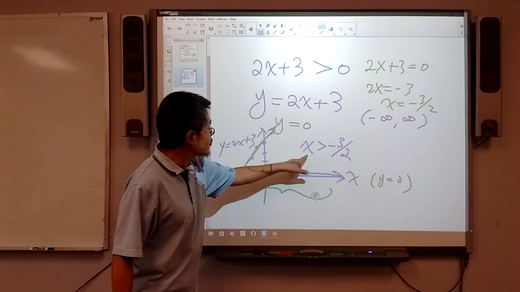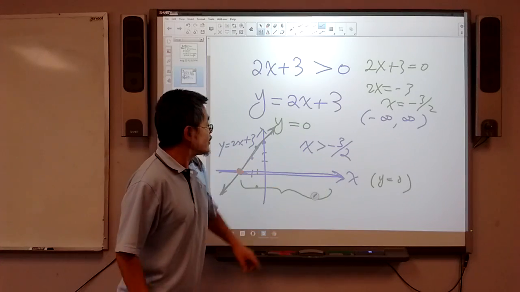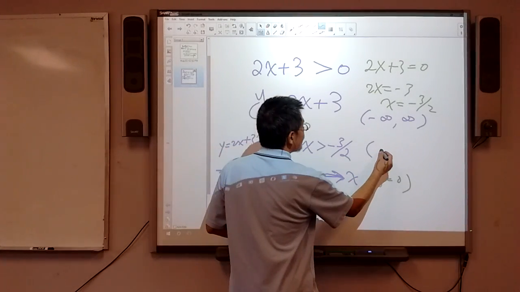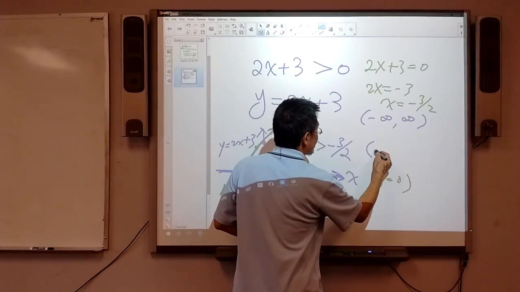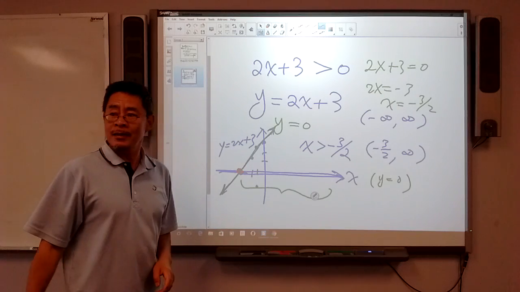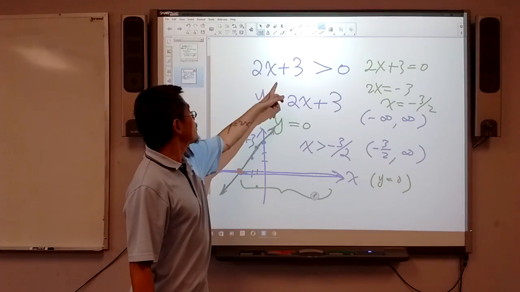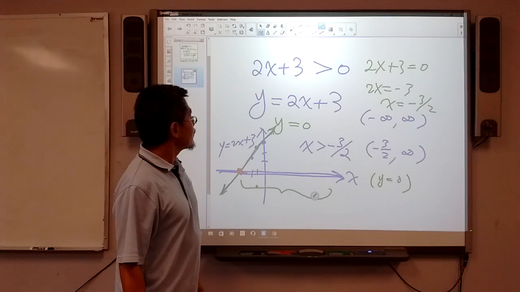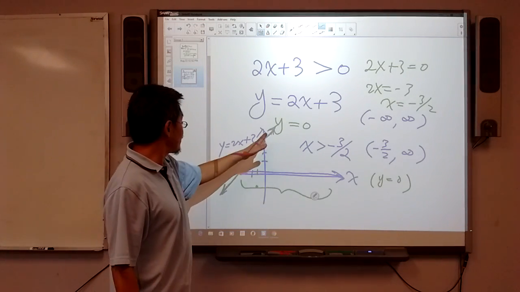So that's our solution. This is one way to write it, or another way we write it is negative 3 over 2 and to the right, everything to the right. So that's where we got this linear inequality. It's based on those, okay?